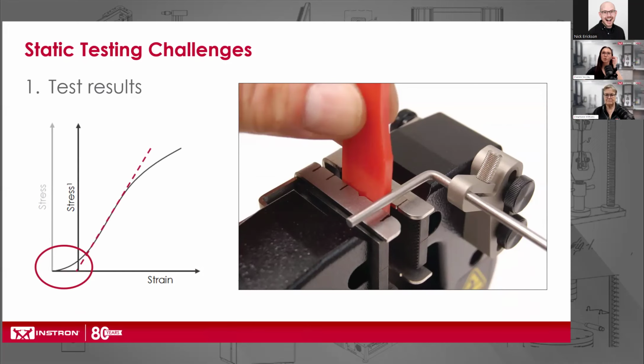A preload will apply a small load to the specimen before the test starts to remove this circled area in the curve, which is typically called a tail. This tail is detrimental to your modulus calculation, so make sure your preload is set to remove this tail of your curve.